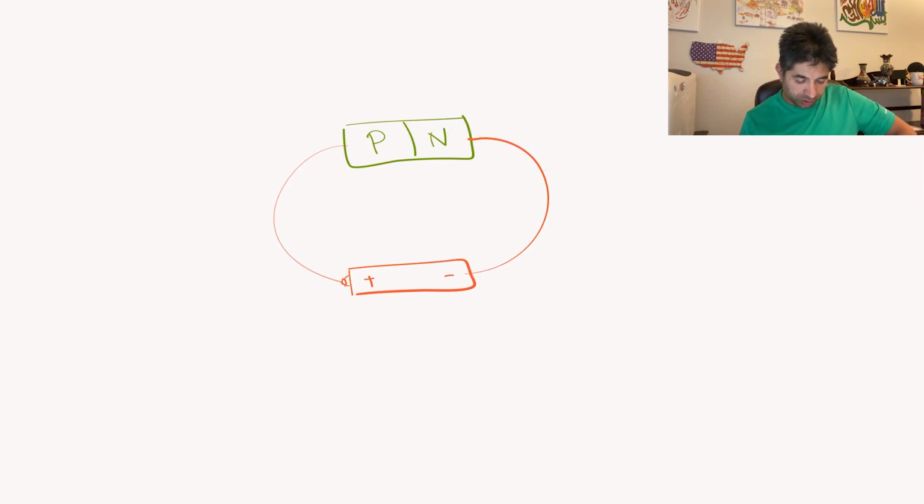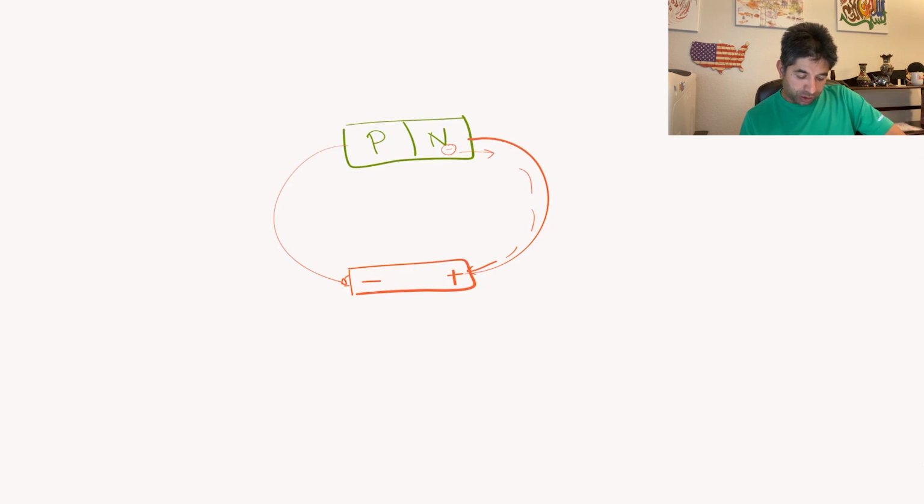These electrons start moving to this side. Sorry, I put it the wrong way. This is positive and this is negative. Right? Makes sense? Yes, makes sense.